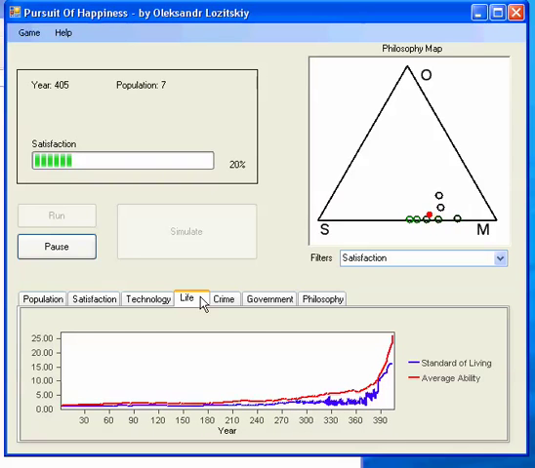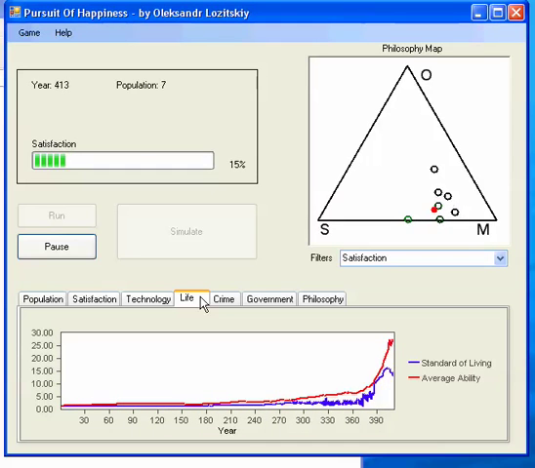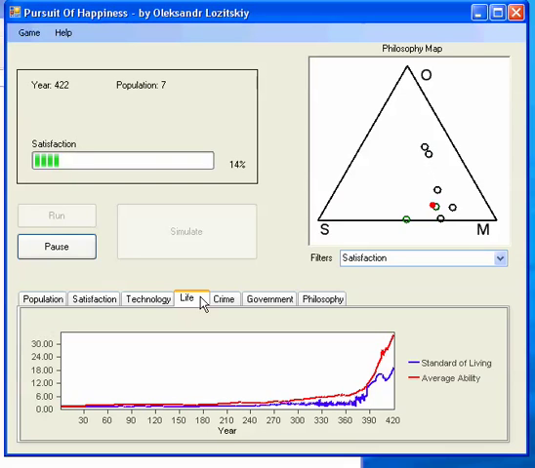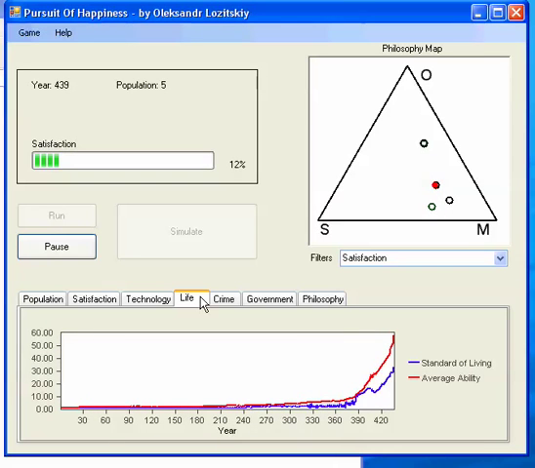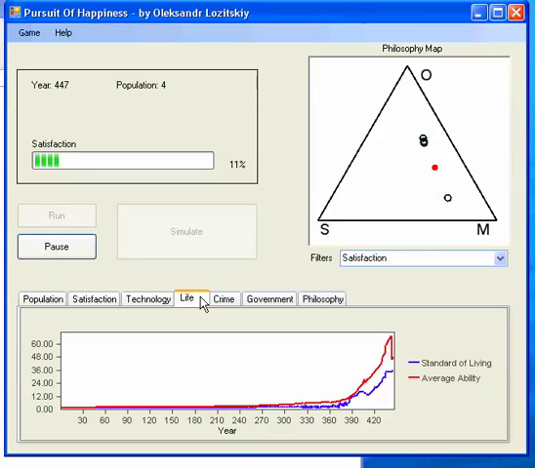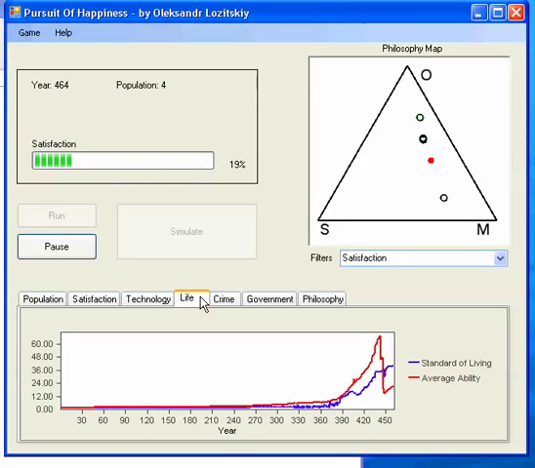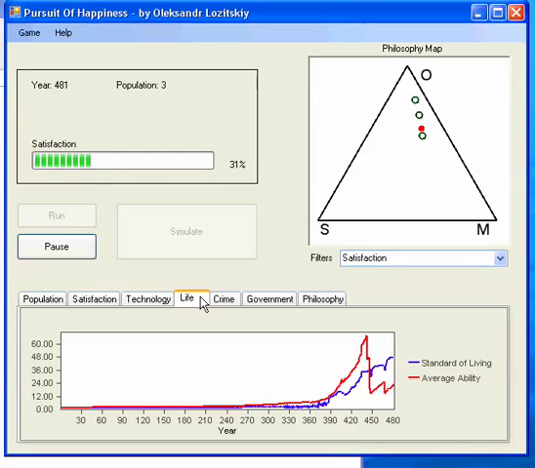Just as the population was about to die off, a couple have suddenly decided that the society was on the brink of, I guess, starvation, or going out of existence, and now it's suddenly taken off. The satisfaction was really low, and now we've got 4 people, 5, 6 people.